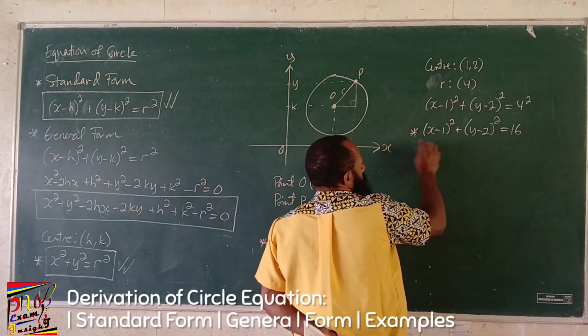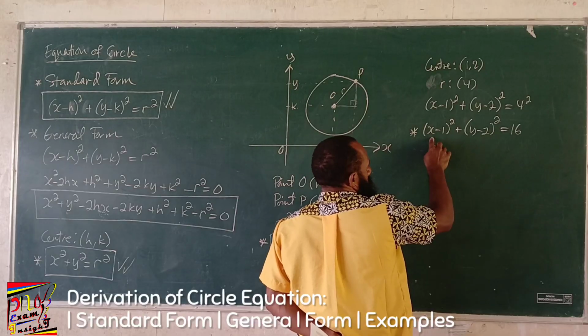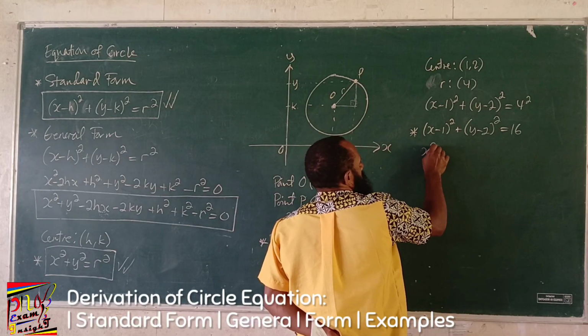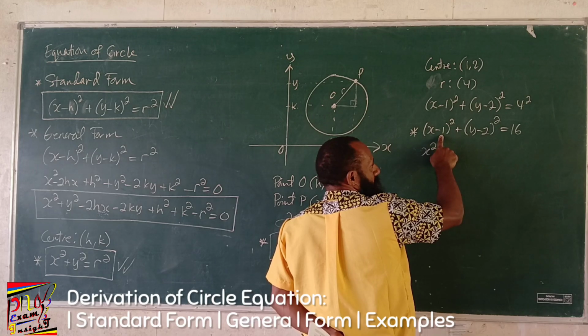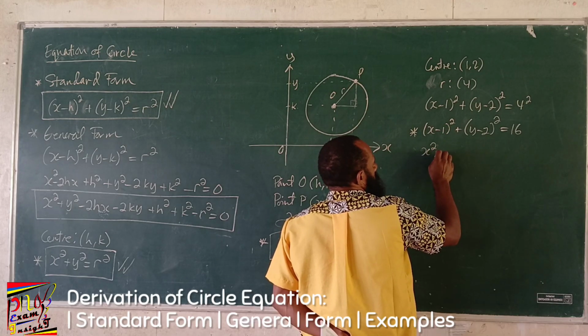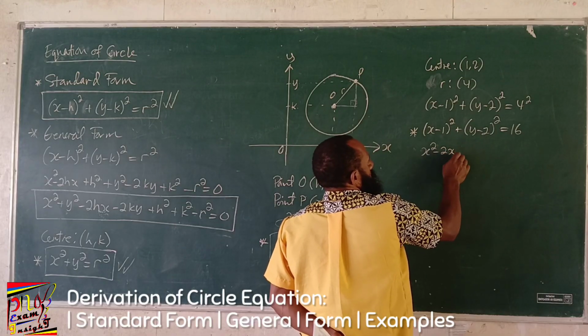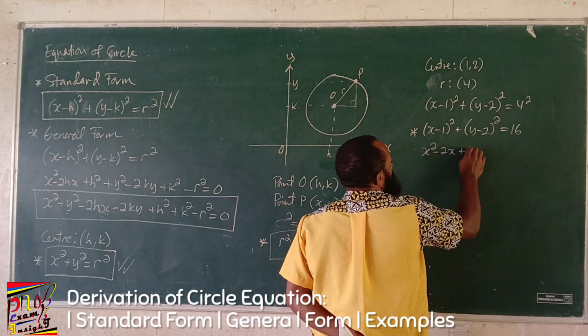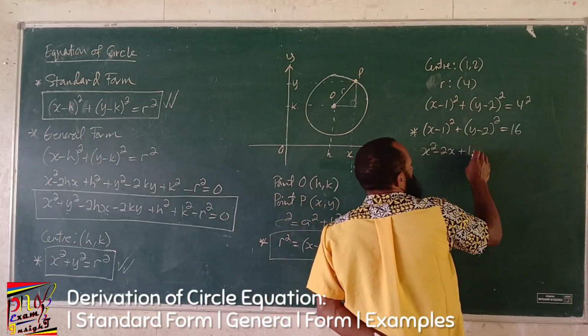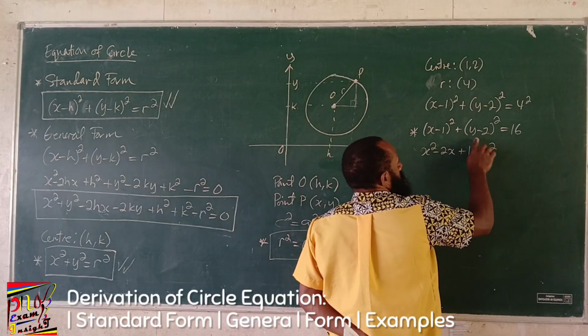So here, using the technique, we square the first term, which is x squared. Then x times minus 1 gives minus x, and minus x times 2 gives minus 2x. And then minus 1 squared is 1. Then we have y squared.